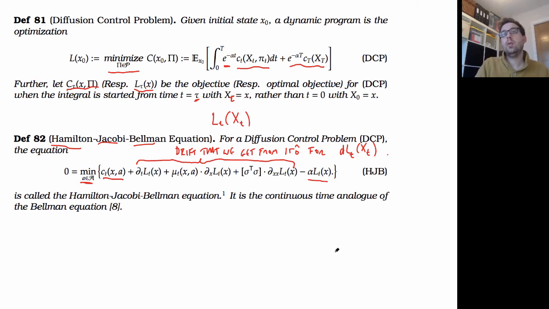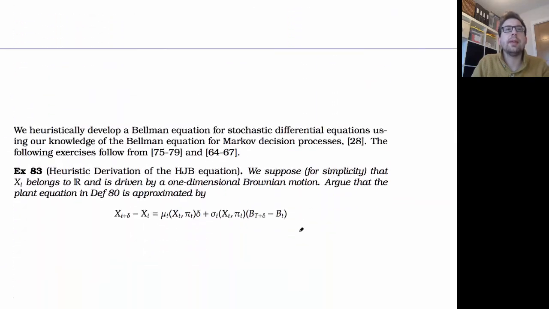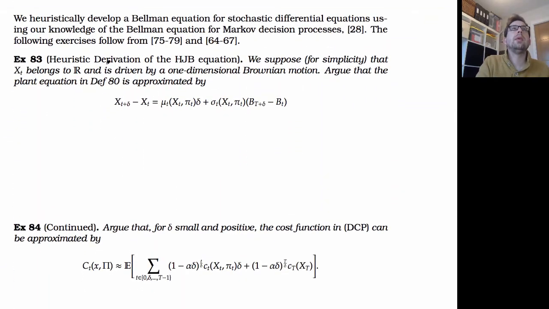Given that you understand the theory of Markov decision processes, why is this HJB equation the right equation to look at? Why do we have this minimization equal to 0? So we're going to heuristically develop a Bellman equation for stochastic differential equations using our knowledge of the Bellman equation for Markov decision processes. Let's go through that.